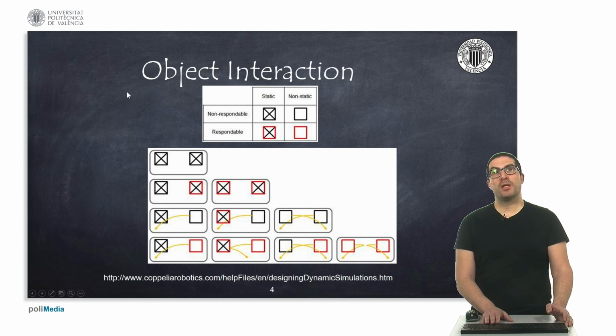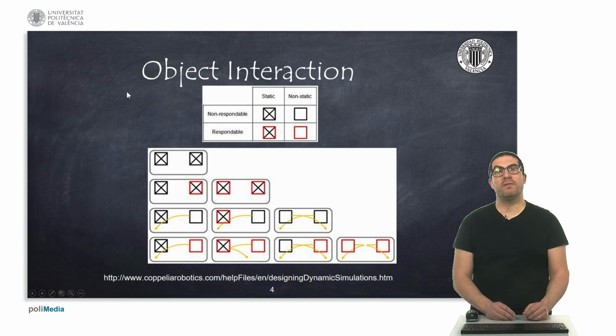So, for dynamic properties we have four possible cases. An object could be static or dynamic, but could also at the same time be respondable or non-respondable. And depending on the properties of these objects, they interact differently in each case.